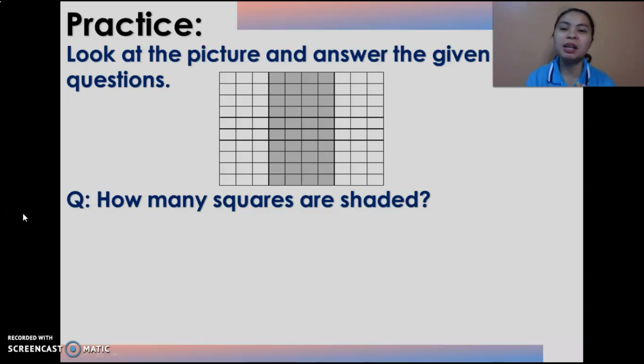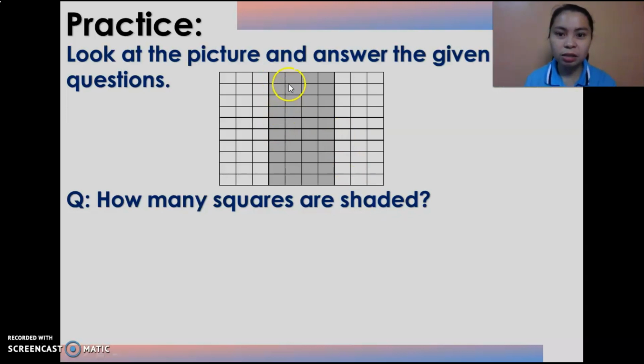Okay, so this time we're going to practice what we have learned. I'm going to show you a picture and we will answer some questions. So picture number 1. Our first question is, how many squares are shaded? What you need to do is just count the shaded parts.